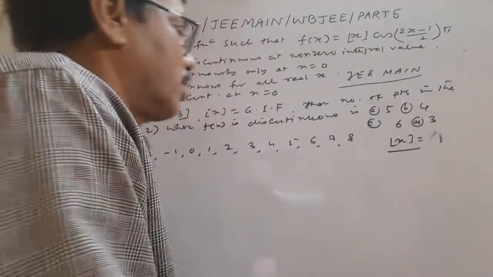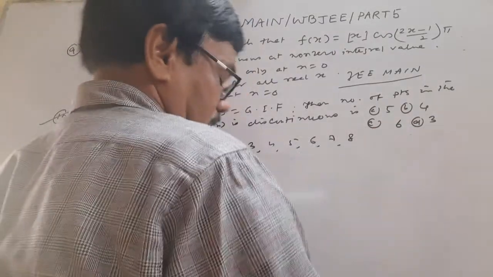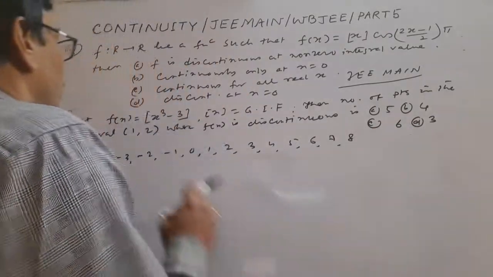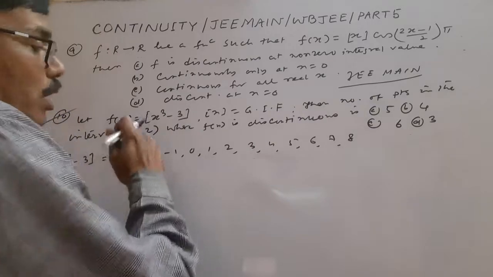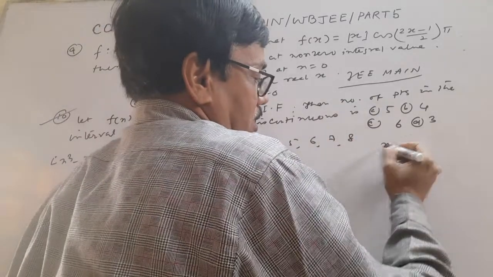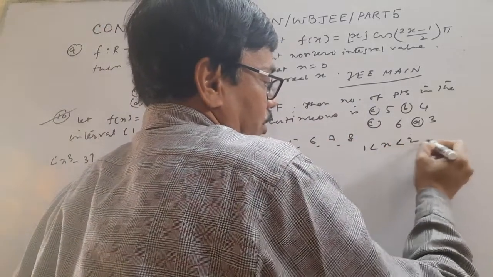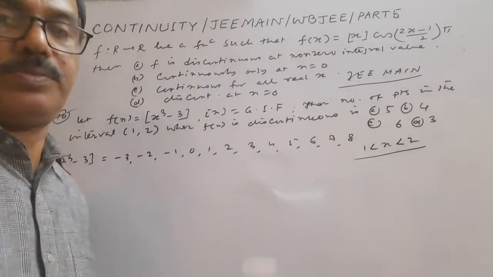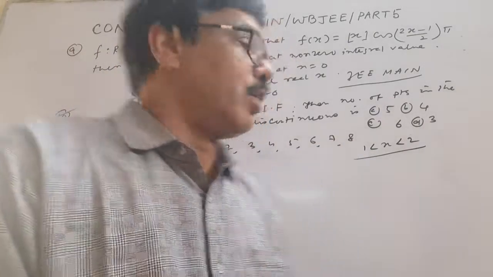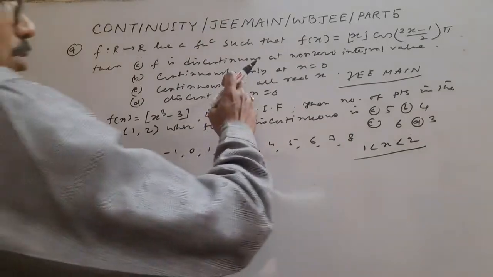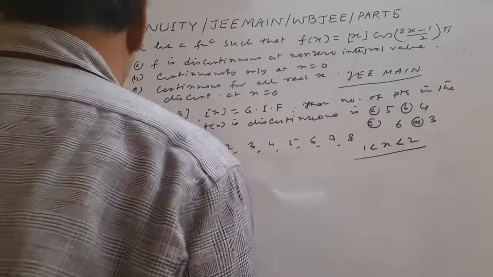Greatest integer function not exceeding x. Now look at the interval. The interval is 1, 2. Value of x lies between 1 and 2. So it is not continuous at integral points.